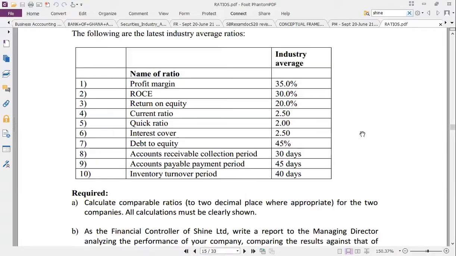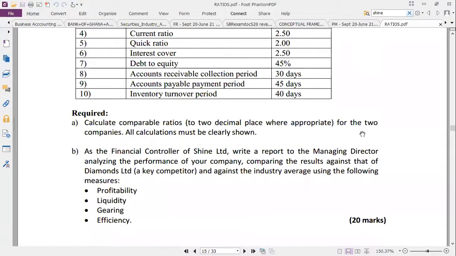So that's all. Now the B part, look at what they're saying. As the financial controller of Shine Limited, write a report to the managing director analyzing the performance of your company, comparing the results against that of the Diamonds Limited, a key competitor, and against the industry average.